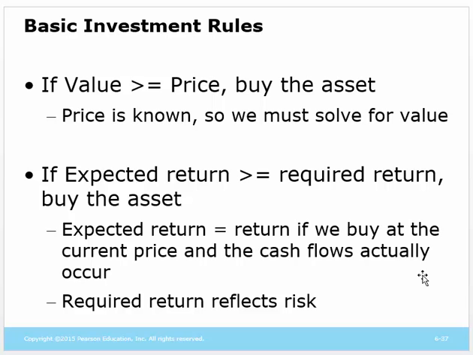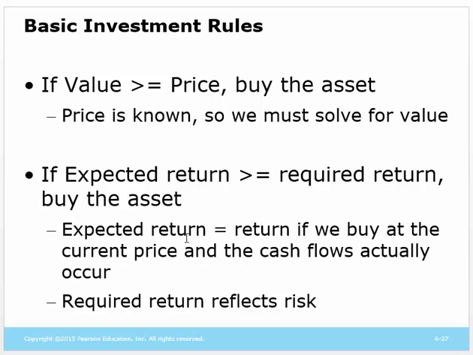So our basic investment rules are: if the value is greater than or equal to the price, you would be willing to buy the asset. The price is known, so we have to solve for value. An alternative rule is that if the expected return is greater than or equal to the required return, you'd be willing to buy the asset.